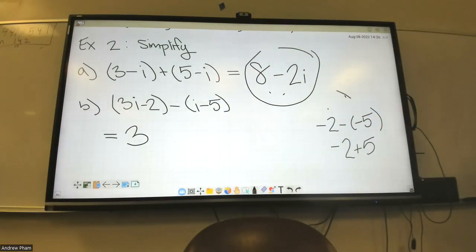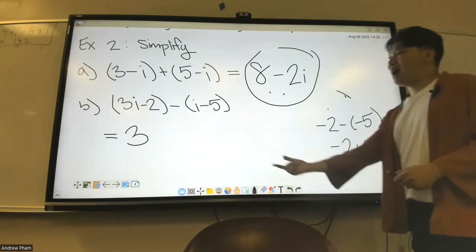Again, especially if you ever see a minus, be extra careful about where all of your signs are going. This is -2 minus -5. Minus a negative becomes a positive. All right, what about the imaginary part? What is going to be the imaginary part of my final answer?